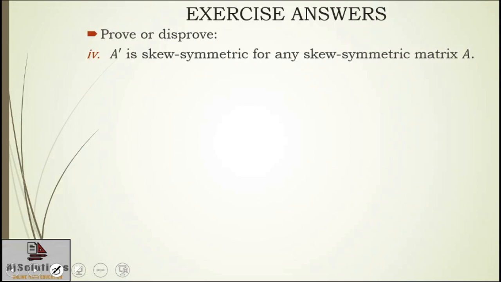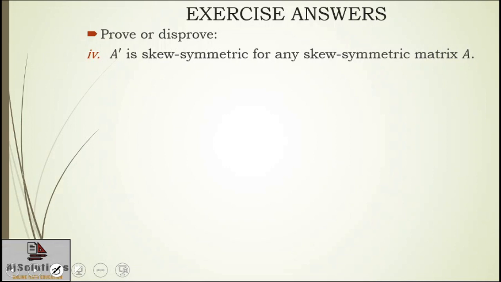So here is your next question. You have to prove or disprove the statement. So what I suggest is you write the statement in verbal form first, and after that in if-and-then form, and after that you think whether the statement is true or false.